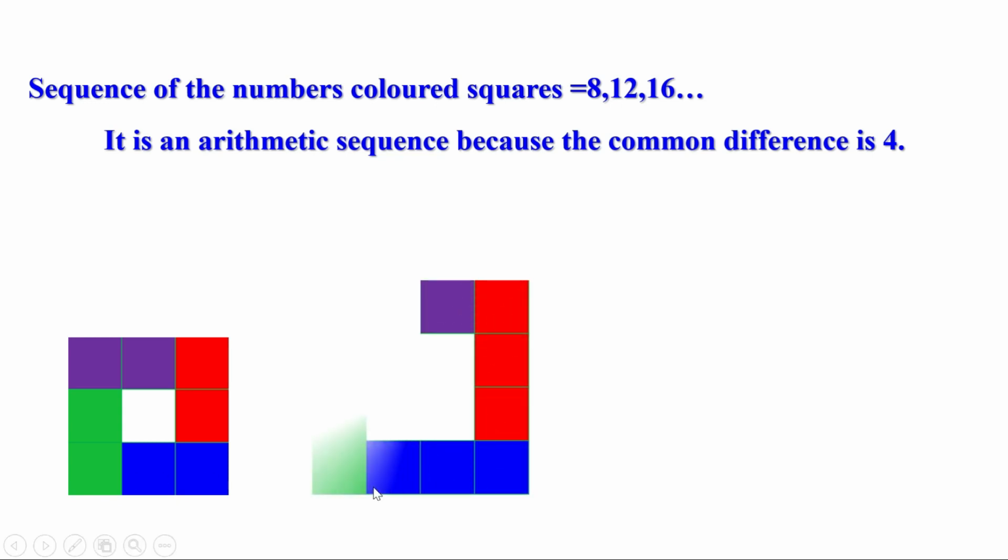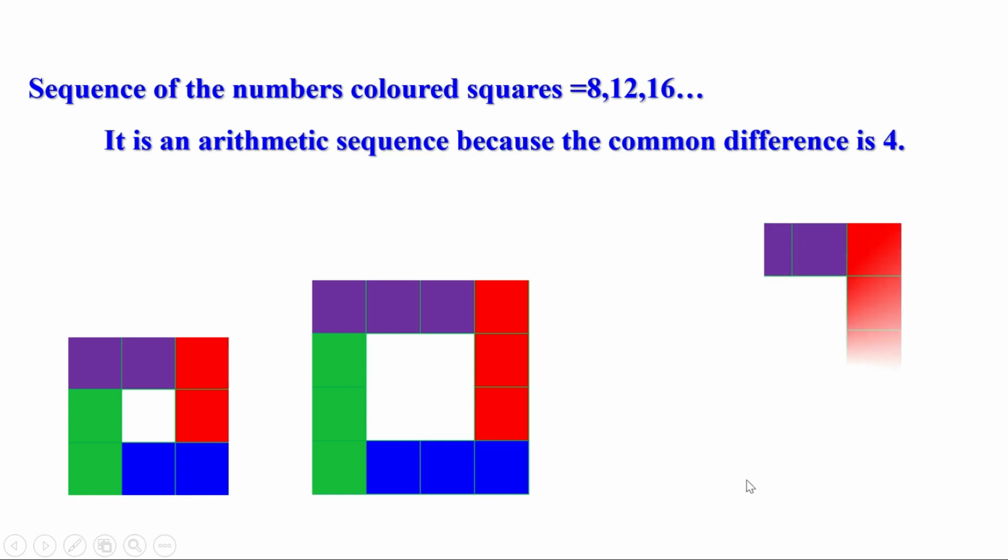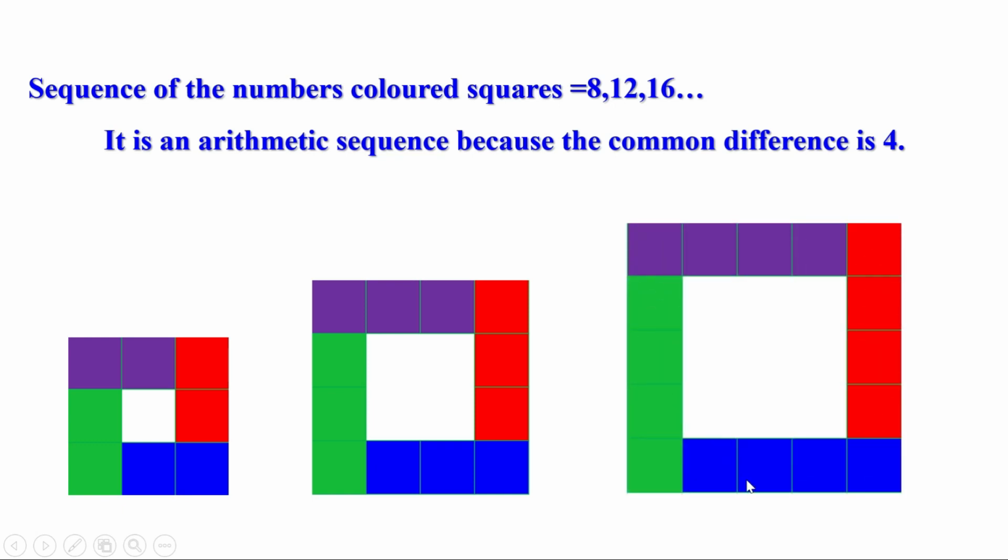Now look at the second figure. We can take 3 squares together to form a rectangle. So there are again 4 rectangles and each one contains 3 squares. So the total number of squares is 4 into 3 or 12. Now let us take the third figure.